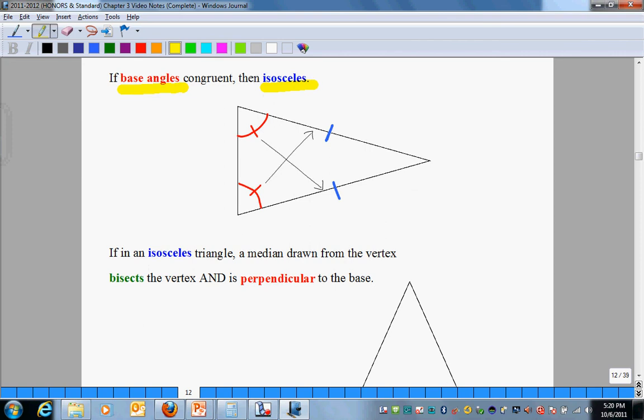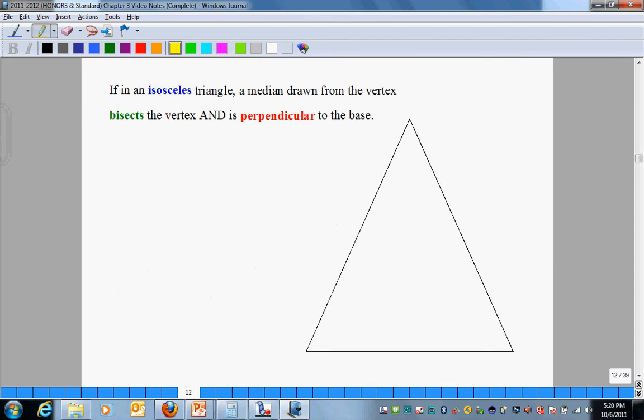A third thing you need to know about isosceles triangles, let me label this again, is something called the median.